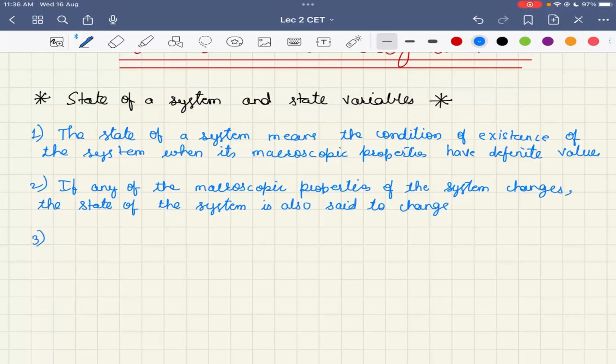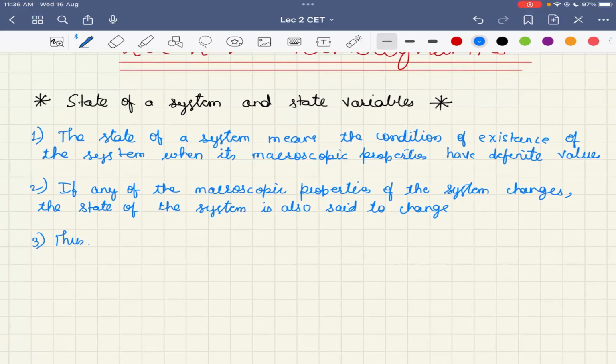Then thus, the state of the system is fixed by its macroscopic properties, right?